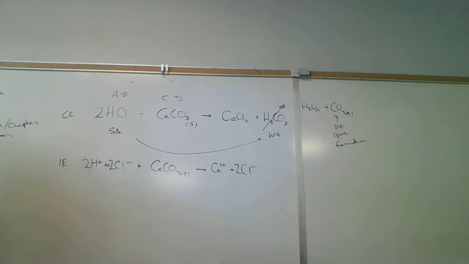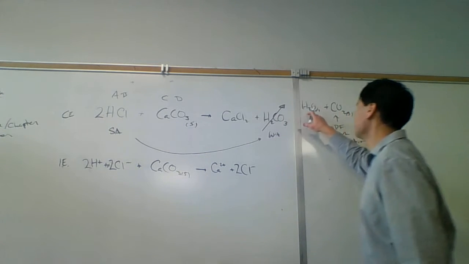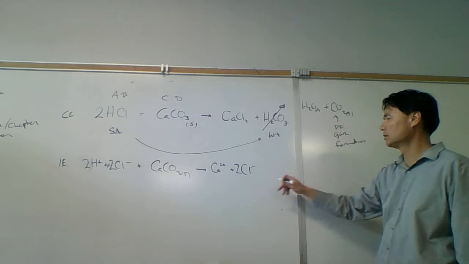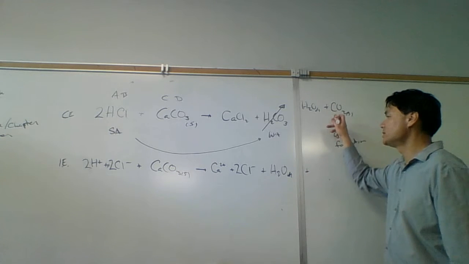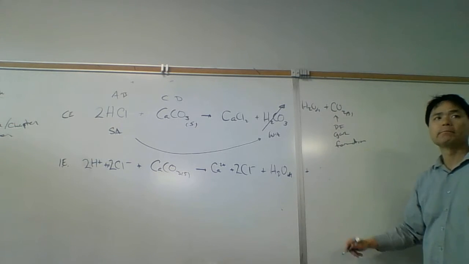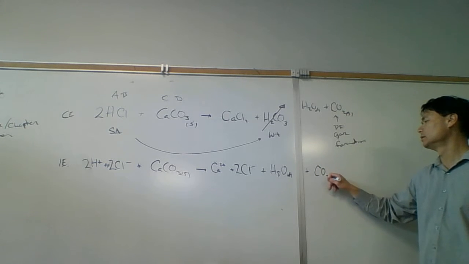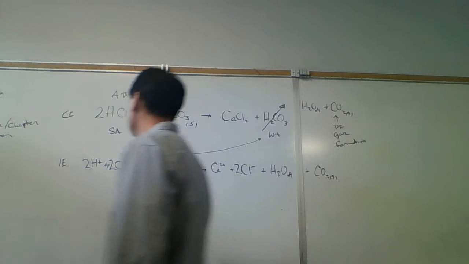Now all the chlorides are accounted for. Okay, carbonic is not there. This is going to be replaced by water. Do we ionize water? No. It's H2O liquid. Do we ionize CO2? No. CO2 is not a strong acid, strong base, or soluble salt.